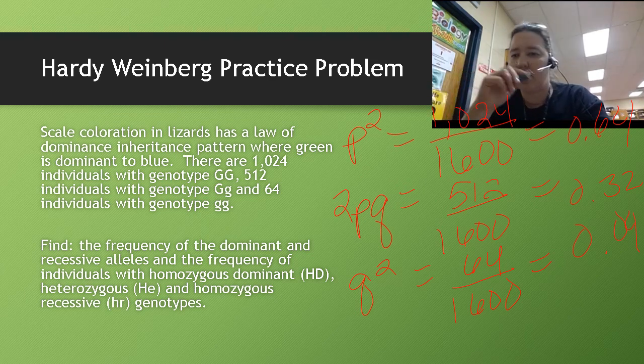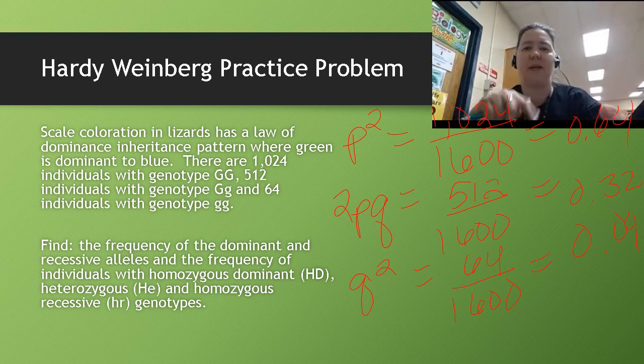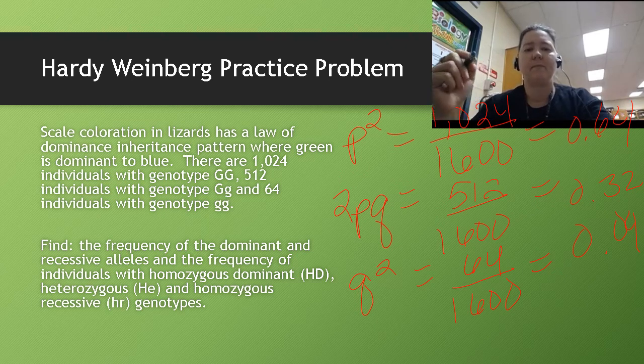And if you add those all up, they should equal 1. Hey, look at that. They equal 1, because p squared plus 2pq plus q squared equals 1. So that's the frequency of the genotypes.